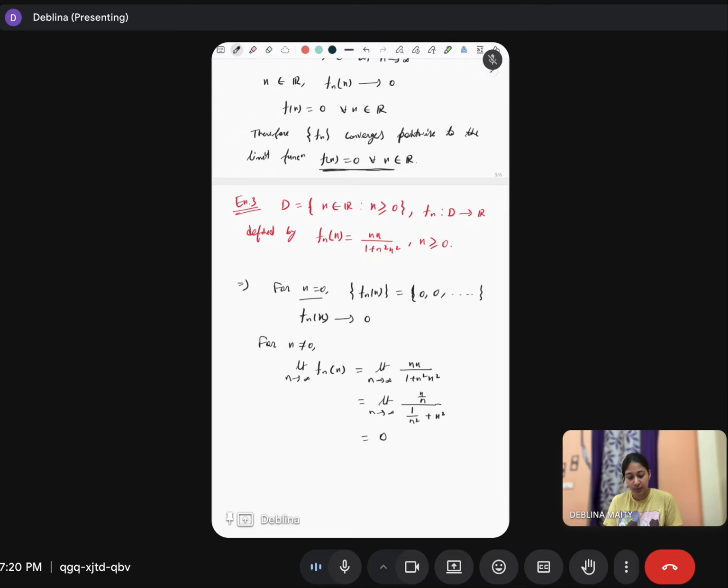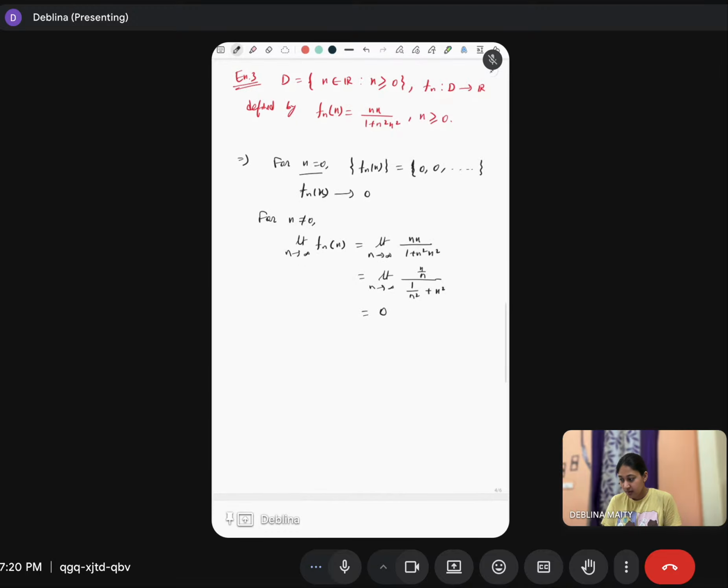Actually, this function is not n square x square, it is nx. Okay, this is 1 plus nx.